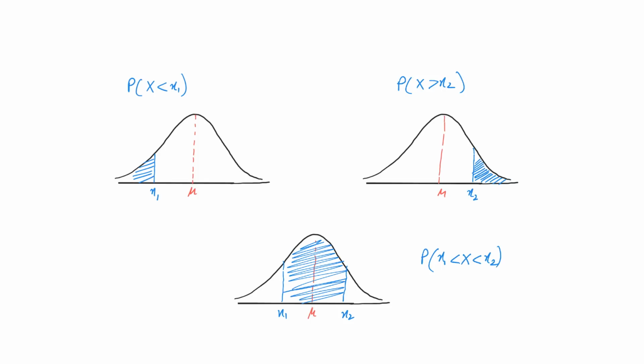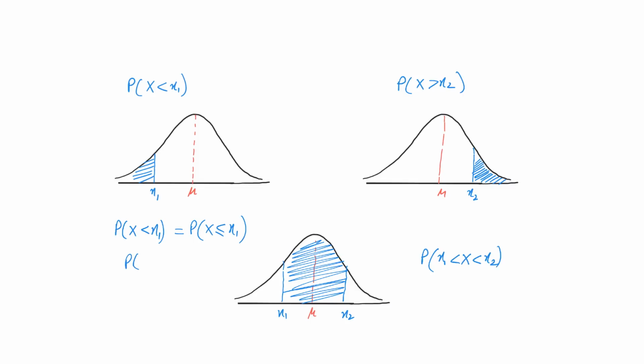Okay, and the area towards the left of the mean is 0.5 and towards the right of the mean is also 0.5, and we have discussed that normal distribution curves are symmetrical. Another important thing that I would like to highlight is that the probability of x less than x1 is the same as the probability of x less than or equal to x1. Why?